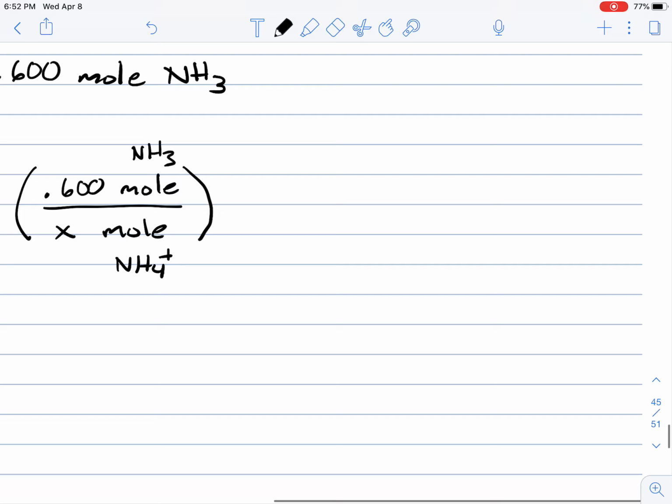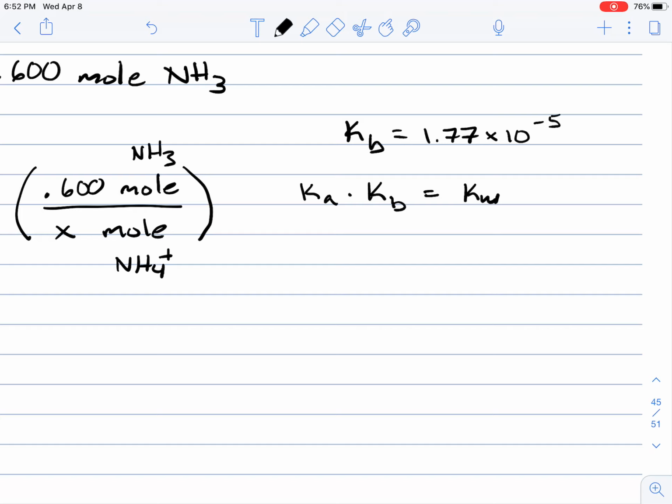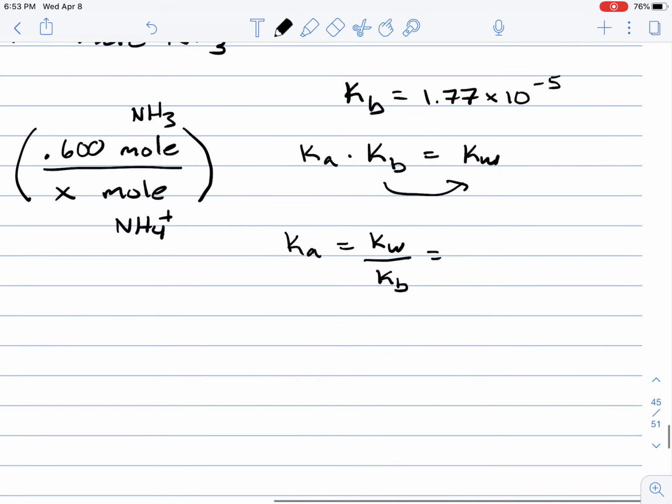Since my Kb, I'm sorry, that's not my Ka, my Kb is equal to 1.77 times 10 to the negative 5. I'm going to use the relationship Ka times Kb equals Kw. And so I'm going to divide by Kb so that Ka is equal to Kw over Kb. And once again, we're going to assume that we're at 25 degrees Celsius. The problem didn't state otherwise.